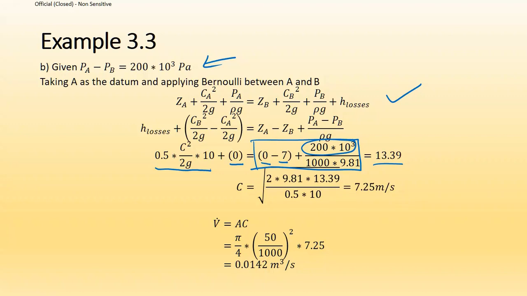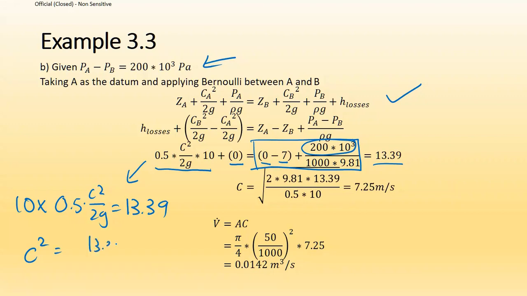Maybe I just rewrite it here. So it's 0.5 times c squared over 2g equals 13.39 times 10 also. To get my c squared, c squared equals 13.39 times 2g divided by 10 times 0.5.